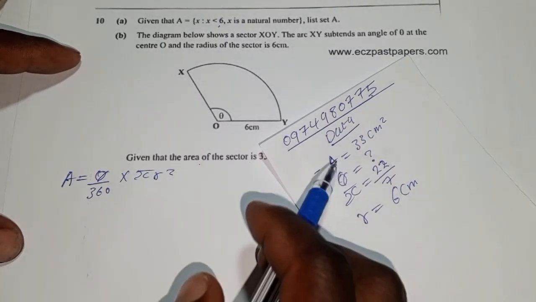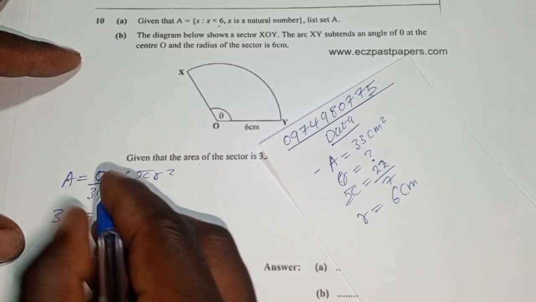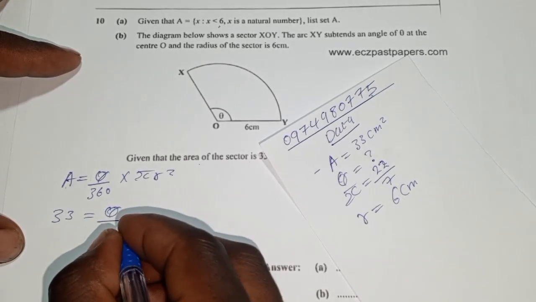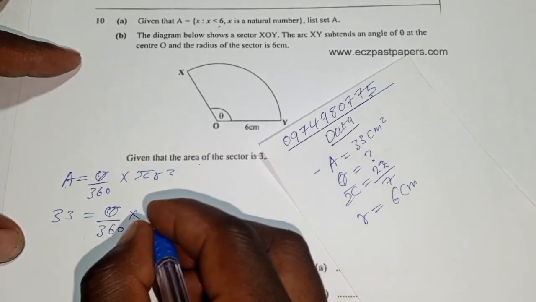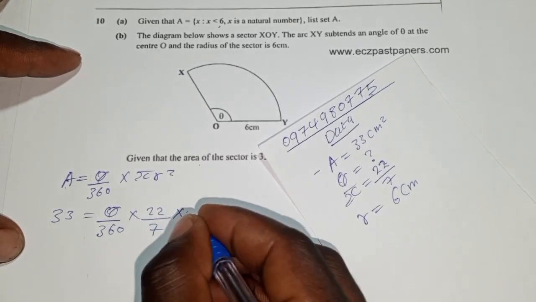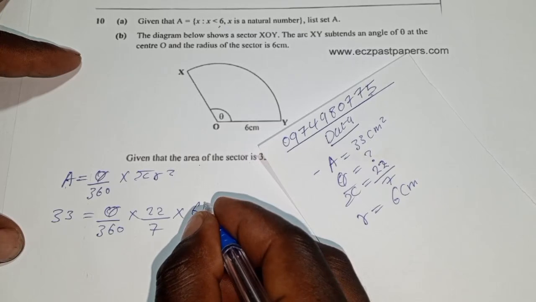Where there is area, we are going to put 33 equals theta or angle, that's what we are calculating, we don't know, over 360 multiplied by the pi given, which is 22/7, times the radius we are given as 6 to the power 2.